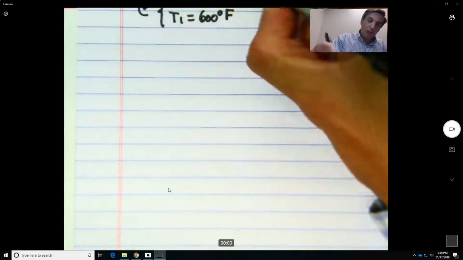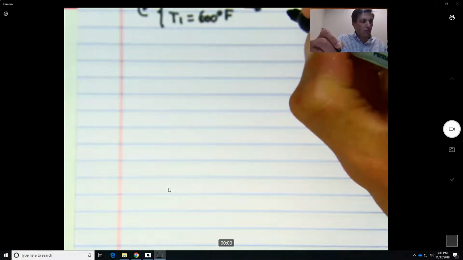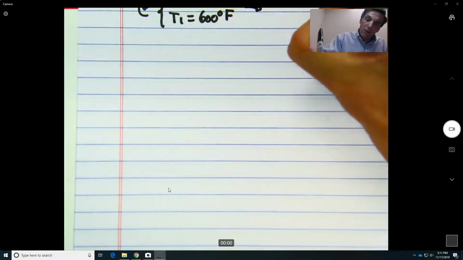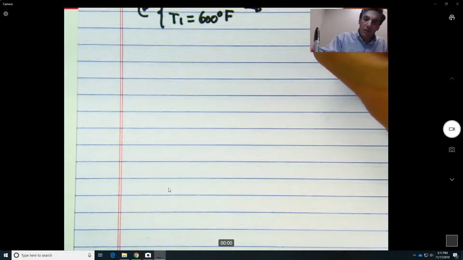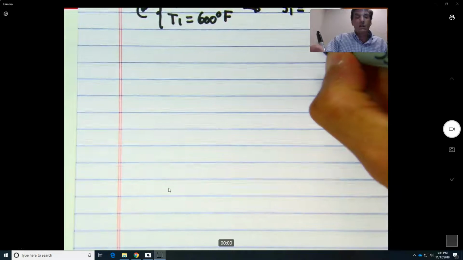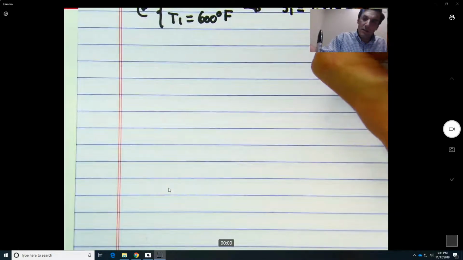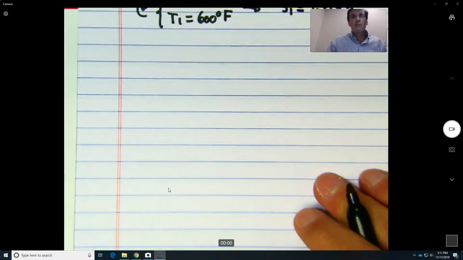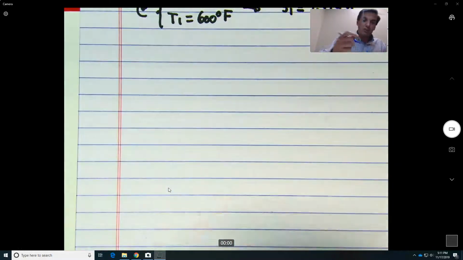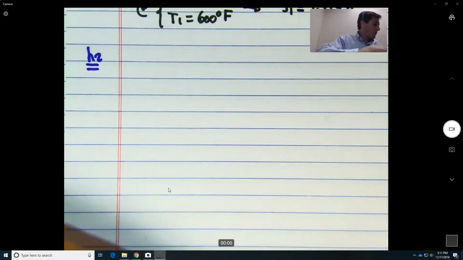So let's see, we can write down H1 is equal to, let me not get lost, 1326.6, and S1 is equal to 1.7195. Okay, so we can do exactly the same thing for H2. This time, what do we know for H2?